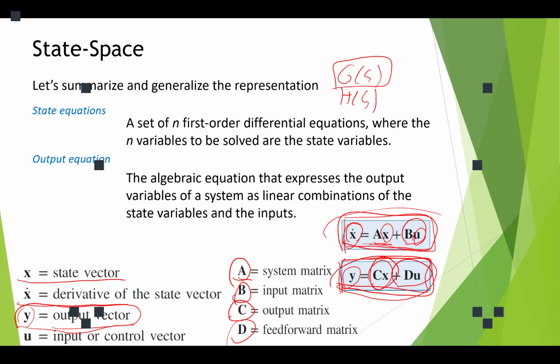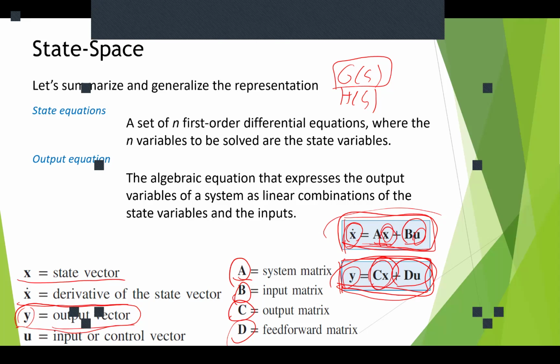And then we solve for the output that we want. Remember, these x's are not necessarily physical; this is a mathematical representation of the variables.